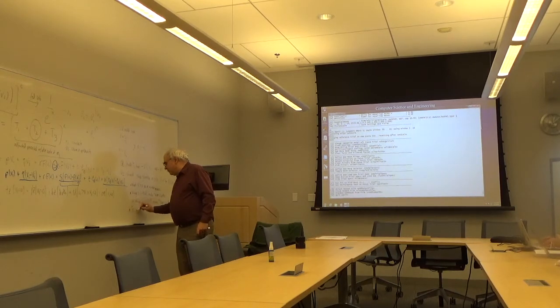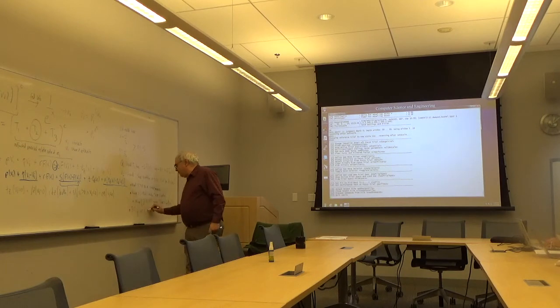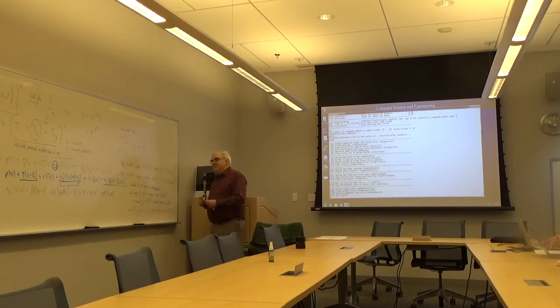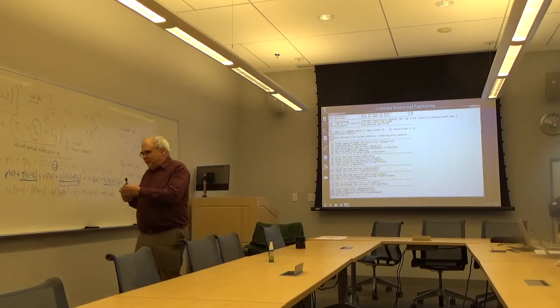But 1 over S, not S, has strong linear relation to the ELO rating. Okay. So if I do that, then the alternative.